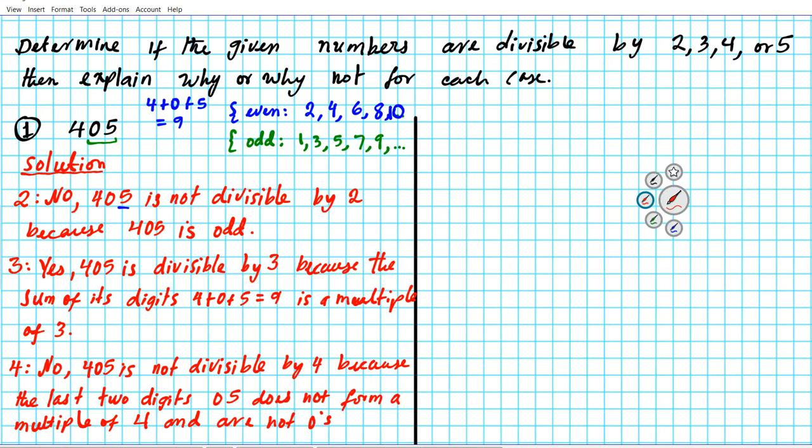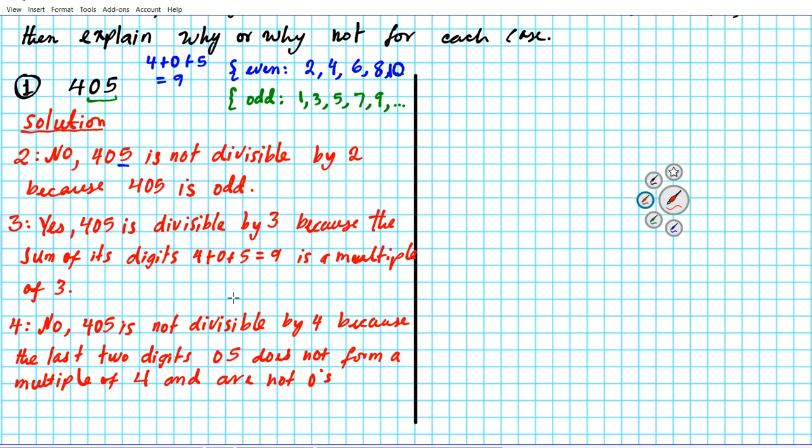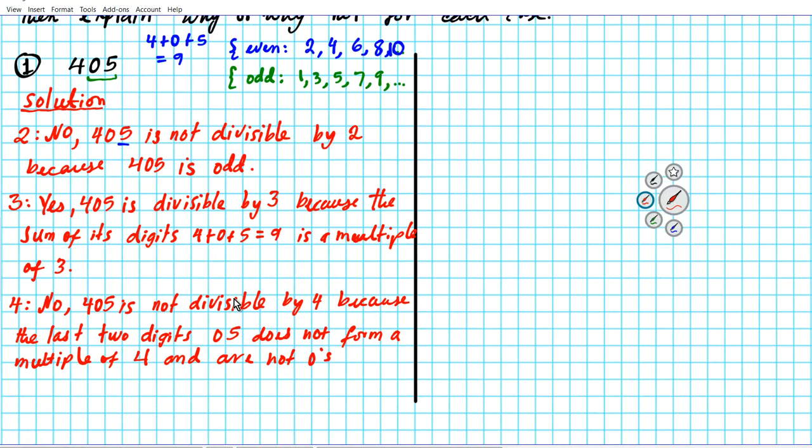Either they both form a multiple of 4 or both are zeros, in order for you to know for a certainty that it's divisible by 4.